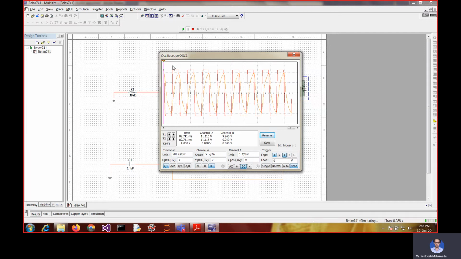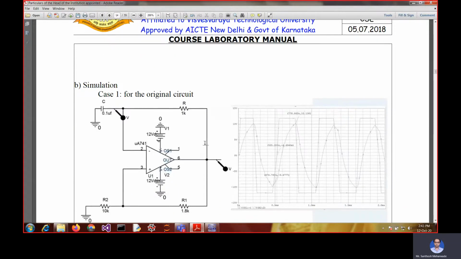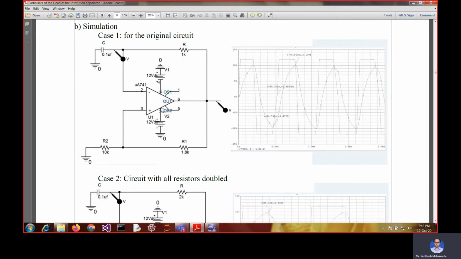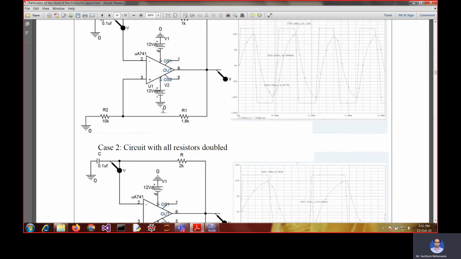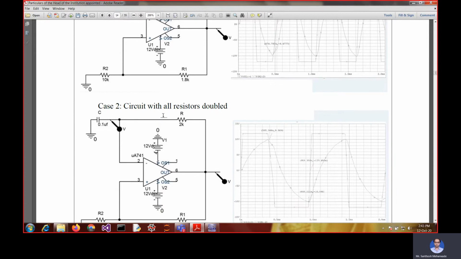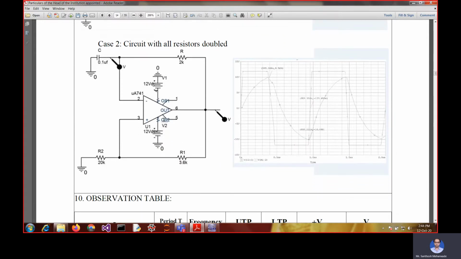Next, we have to read the values. For reading the values, we have to go to the table. This is one more simulation using the PSpice simulator, but we are not using PSpice, we are using Multisim, and Multisim is more user friendly than PSpice.